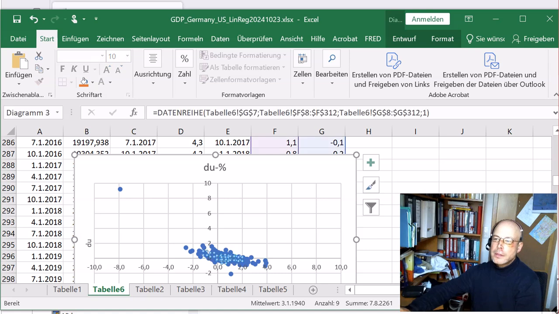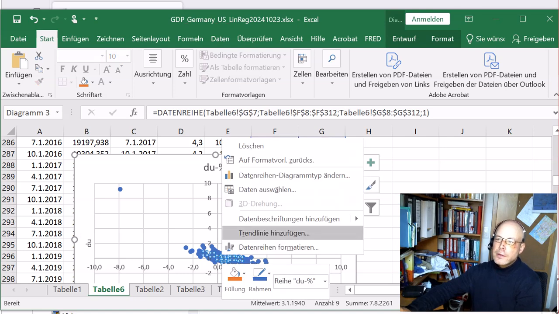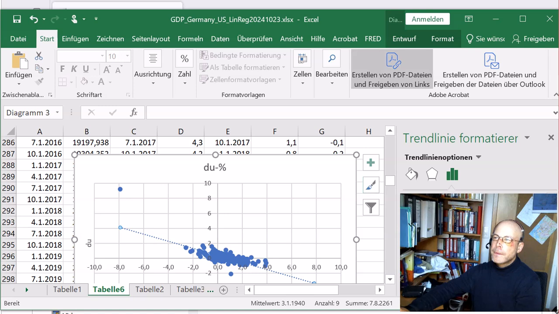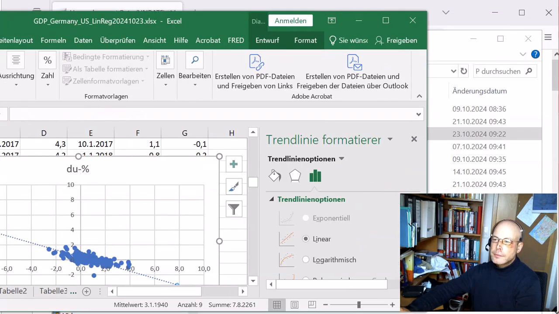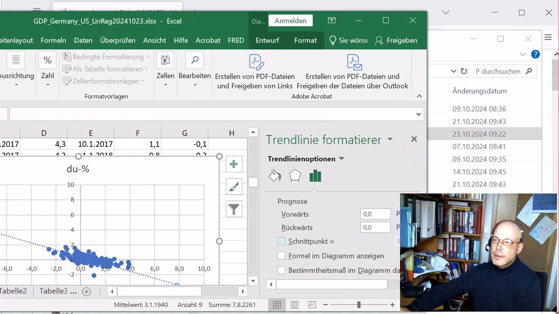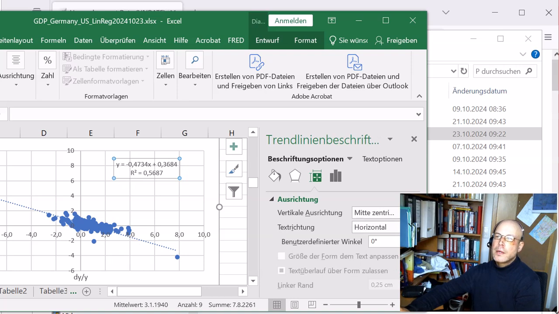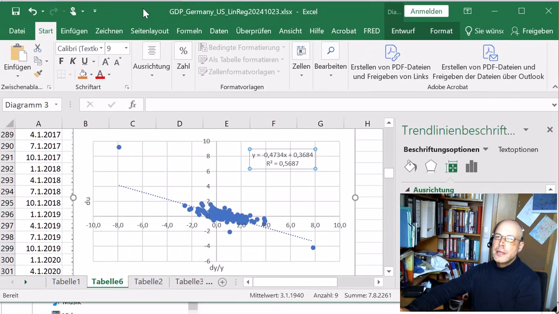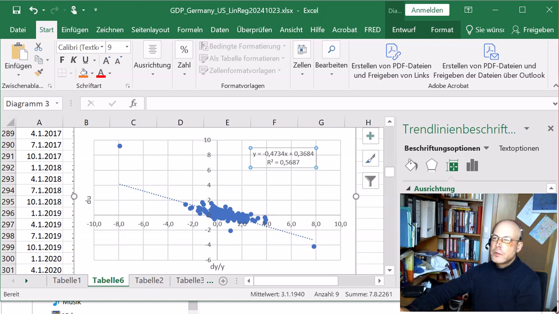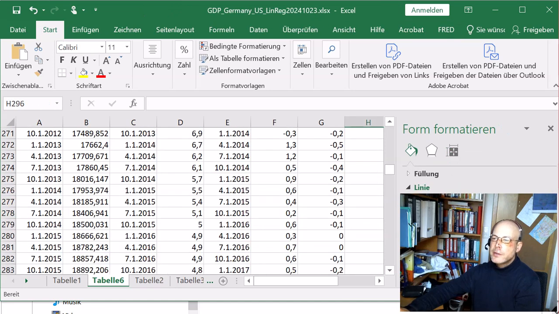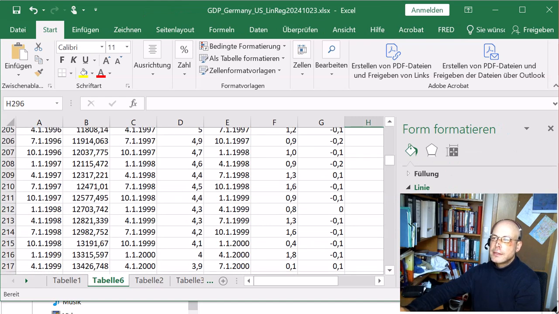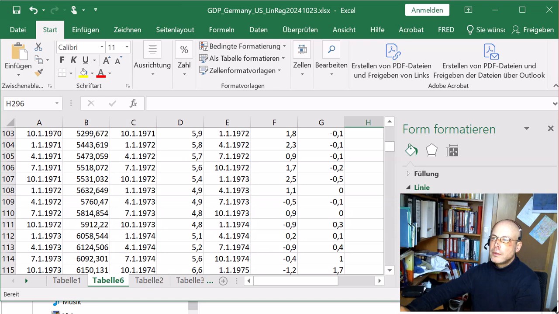And now clicking into our data, trend line, showing our formulas, then means we are done with our linear regression, or what you also can do is taking just this data, and this we will also do.